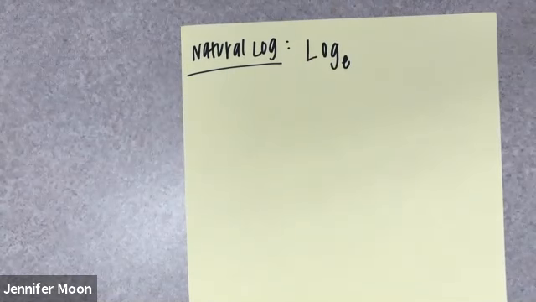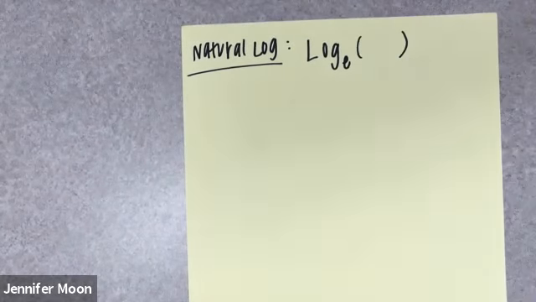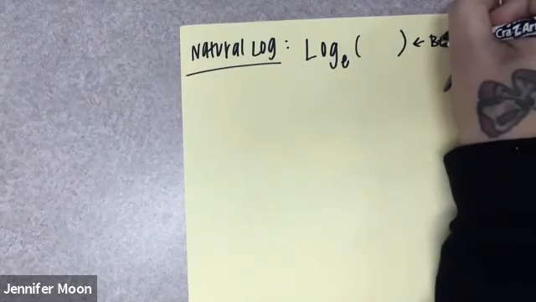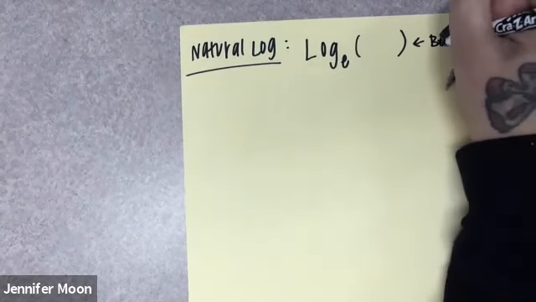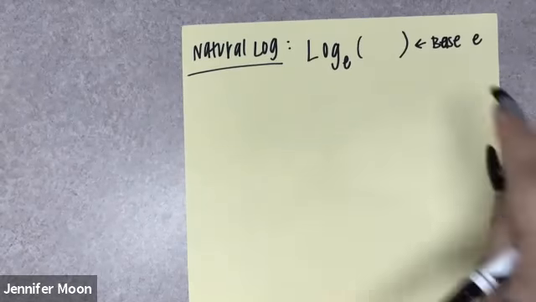That's that Euler's number, right? That one that we had talked about. And then you would have something written right here. So this is actually base e. Sorry, that's a base, y'all.